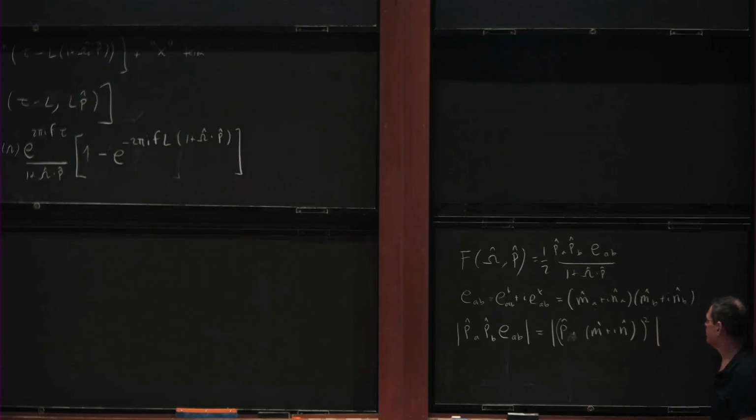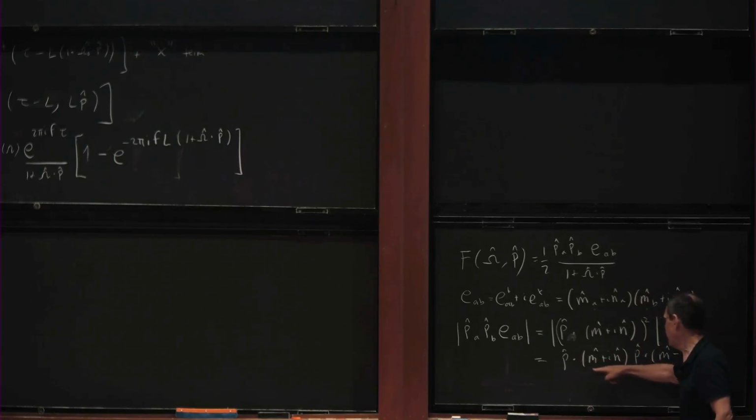Okay. But of course, the modulus of the square is the square of the modulus. So this is p̂ dotted into (m̂ plus i n̂) times p̂ dotted into (m̂ minus i n̂). There's p dot (m plus i n), and there's its complex conjugate.